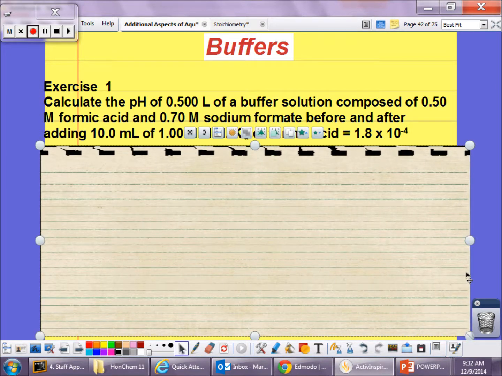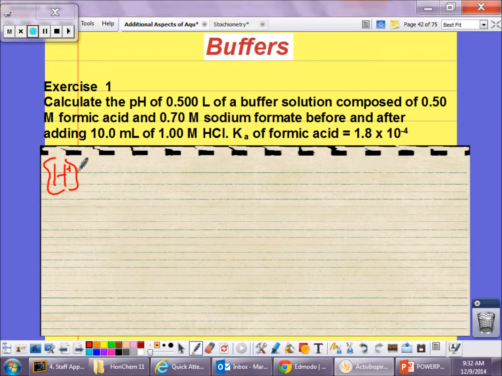I'm going to write the formula for my buffer. Nothing else. This is H plus equals Ka times my weak acid over my weak base.